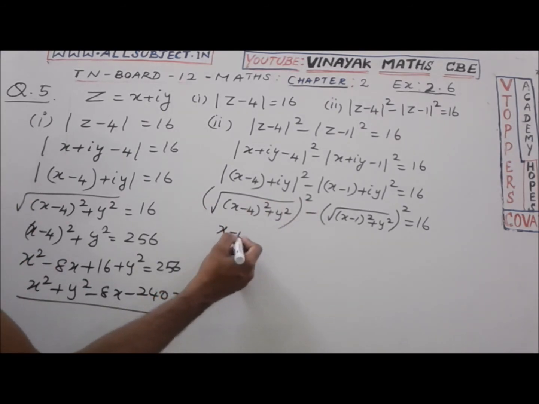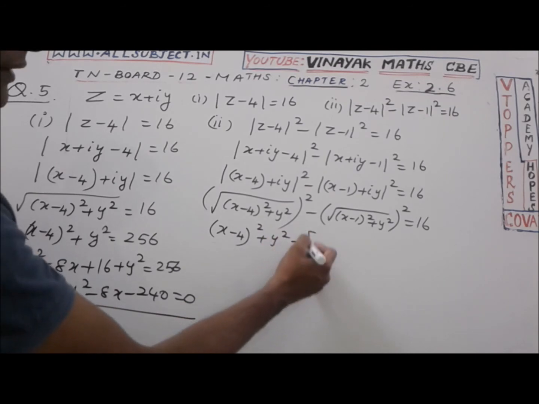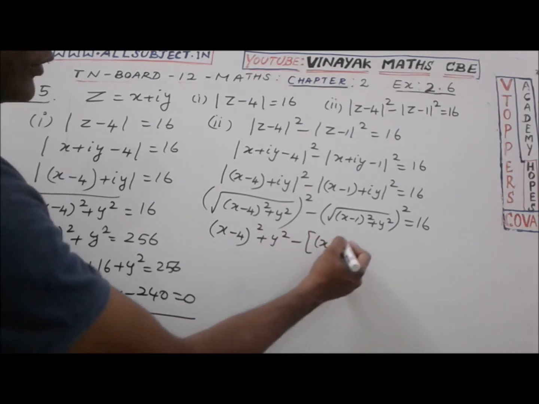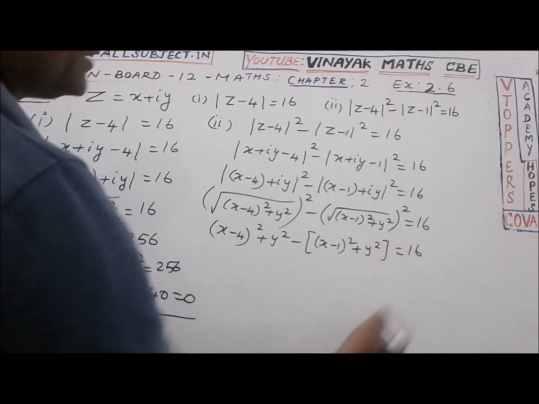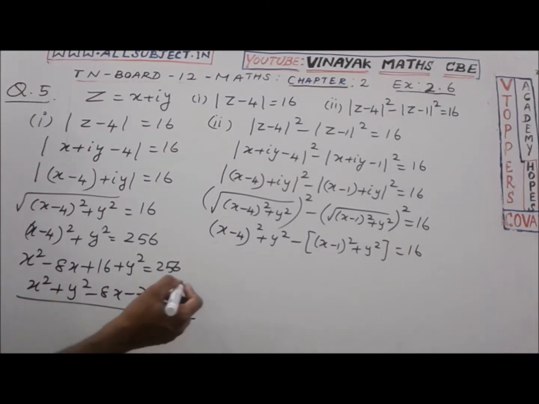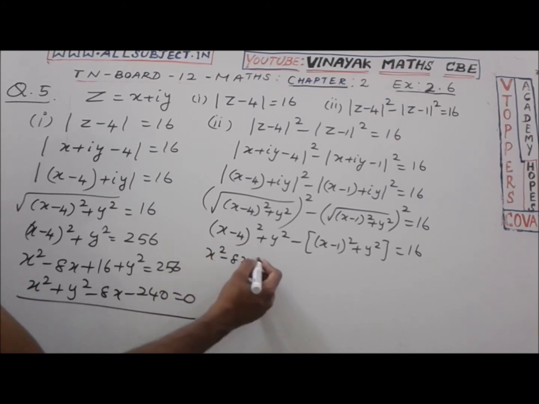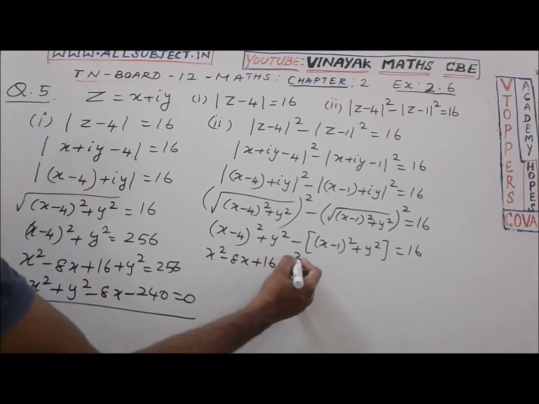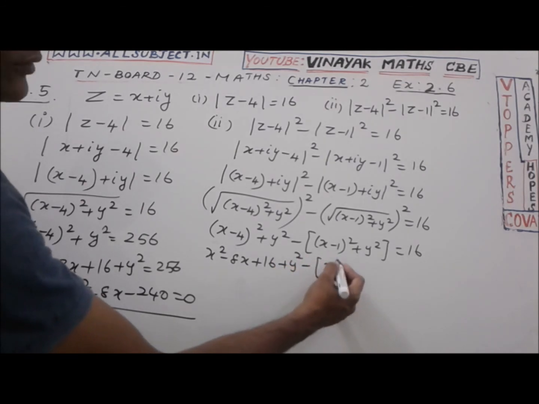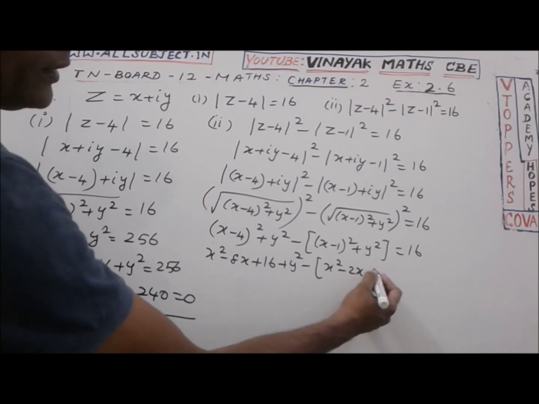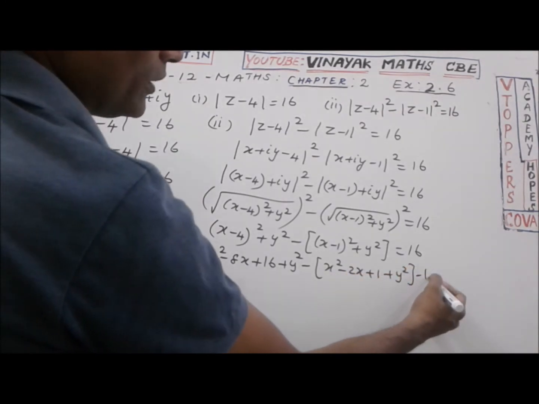So remaining x minus 4 whole square plus y square minus x minus 1 whole square plus y square equal to 16. By expanding a minus b whole square formula, x square minus 8x plus 16 plus y square, and minus expanding this one, x square minus 2x plus 1 plus y square, minus 16 equal to 0.